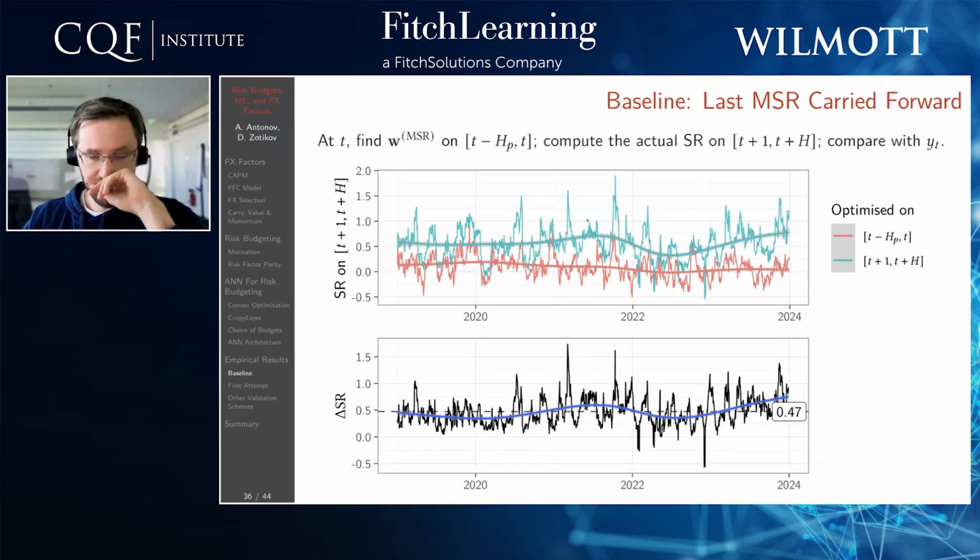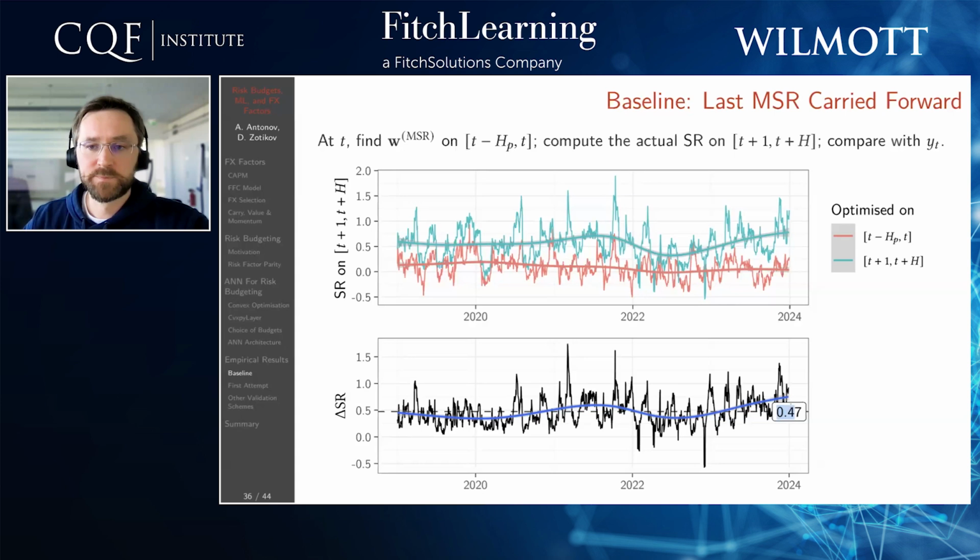And in red, you see the performance of the last max Sharpe ratio portfolio carried forward. You can see that its Sharpe ratio is considerably lower. It sits at about 0 Sharpe. The difference is shown in the bottom plot, averaging at about 0.47.